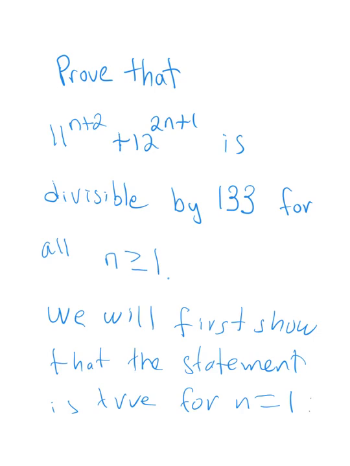So what we're going to do is plug in n equals 1 and see what we get. We should get some number that is divisible by 133. Now what does that mean? It means that that number is equal to 133 times something. That's what we're going to be looking for.